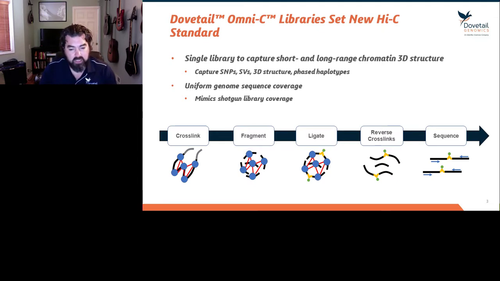And so what you get after that ligation and then removing the cross-links is chimeric DNA that's reflective of 3D proximal DNA rather than linear information. And then once that chimeric DNA is cleaned up, you just turn it into a sequence library where you pull down on biotin, enriching particularly for those ligation sites.